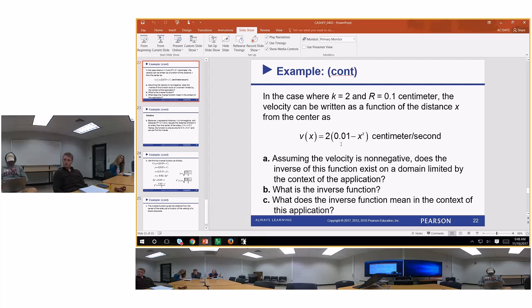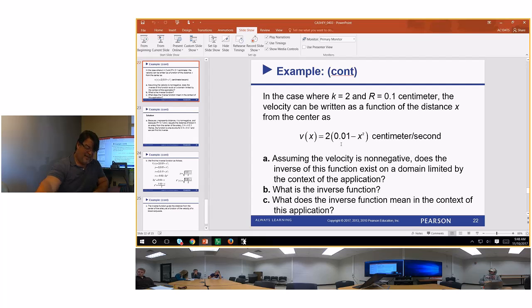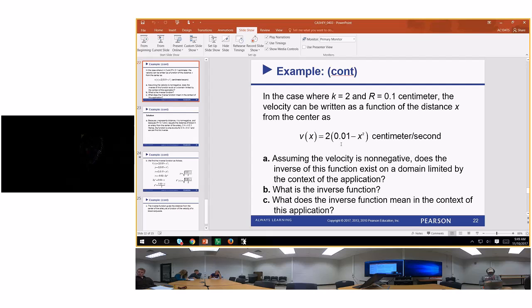V of x is equal to 2 times 0.01 minus x squared. And I'm going to say y is equal to 2 times 0.01 minus x squared.